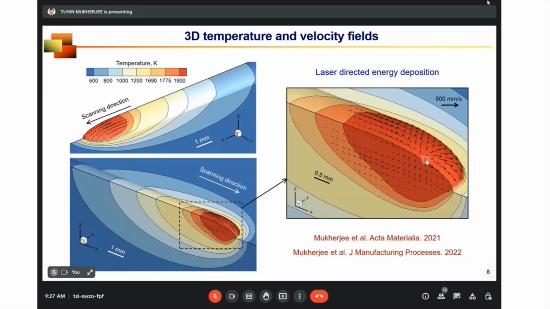You can see the flow of the liquid metal along the curved surface of the deposit. This flow redistributes the hot and cold liquid inside the molten region and redefines the temperature field, which as a result controls the cooling rate, the temperature gradient, and the resulting microstructure.